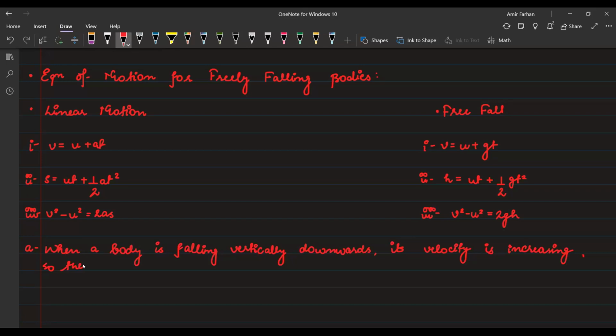So the acceleration due to gravity is usually taken as positive.